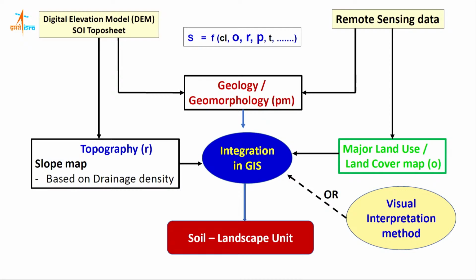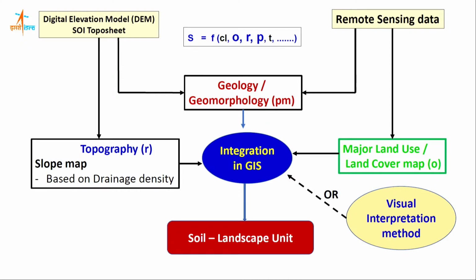If we study, then what we get is area delineation that will show you the soil map unit, and the unit or area will have similar type of soils, and we call it a soil landscape unit.